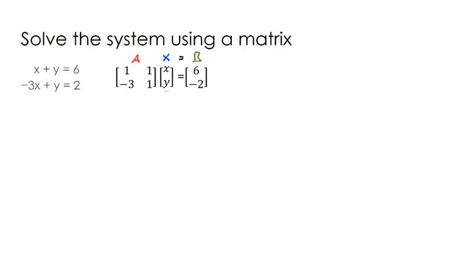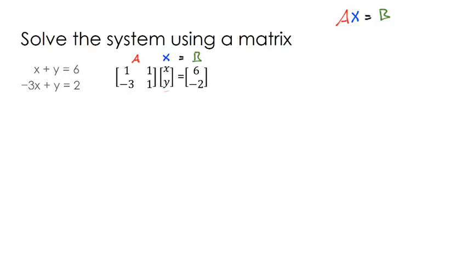I'll come up here because I don't want to erase this. I want to use this as a reference. If I have A times X equal to B, it's kind of like using the laws of algebra to solve for X, but since we're talking about matrices, the game's a little different. Since we can't divide by a matrix, what I can do is multiply each side by its inverse.